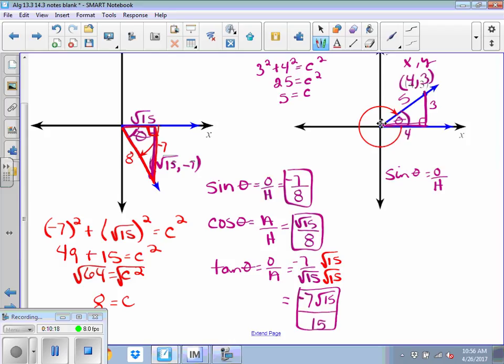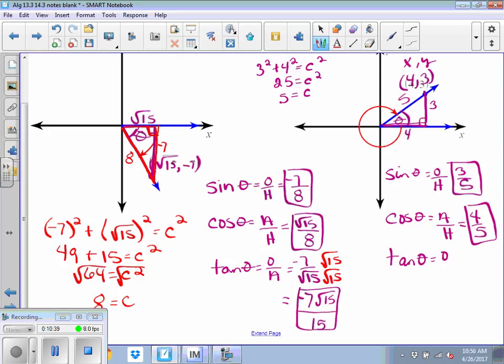That's 3. And hypotenuse is 5. So 3/5. Cosine theta is adjacent over hypotenuse. So adjacent to theta is 4 over 5. And tangent theta is opposite over adjacent. So that's 3 over 4.